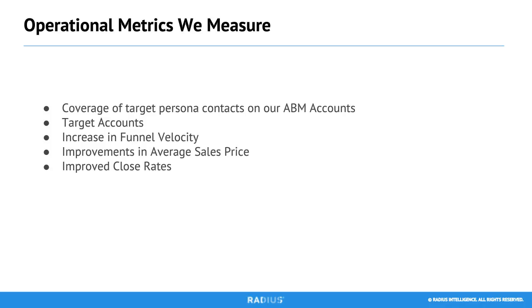And are we increasing the funnel velocity of our deal sizes by focusing on these target accounts? I've seen increases in average sales price at the last 3 organizations I've implemented this at, and also improved close rates for the sales team themselves.